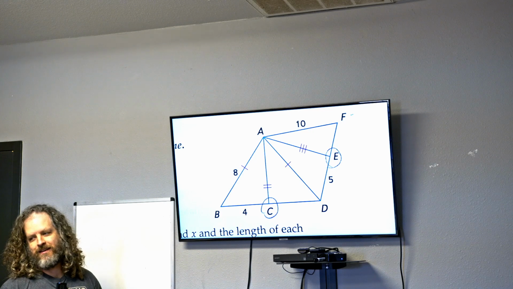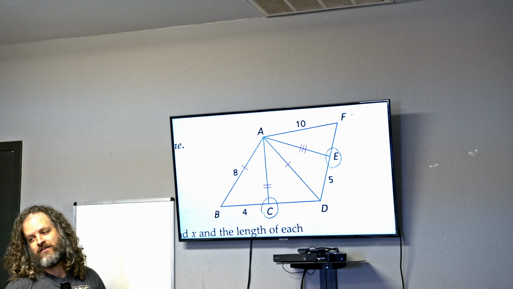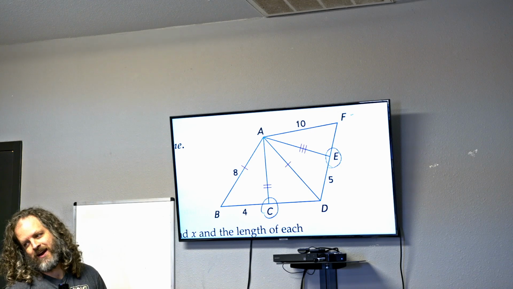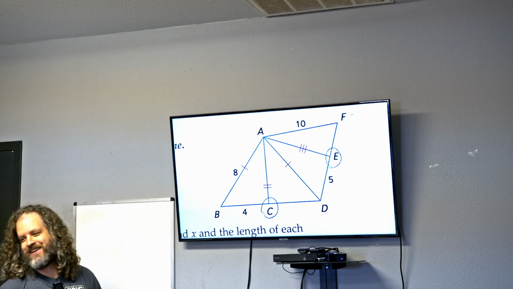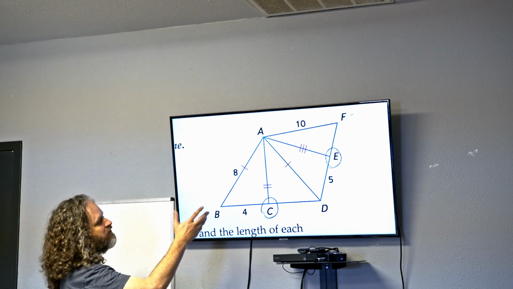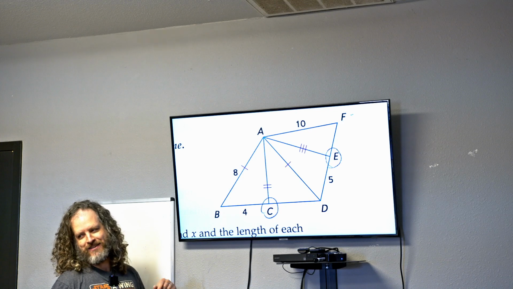That only tells us that 8 and 10 are different. So it's isosceles instead of being equiangular, right? That's the next lesson. There's not enough to tell us whether it's scalene or isosceles, right?